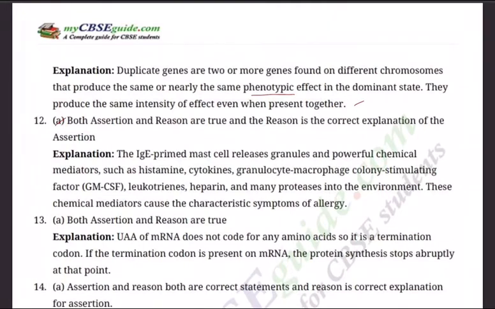Question 12. Assertion and reasoning. Again, the answer is A. Both assertion and reason are true, and the reason is the correct explanation of the assertion.